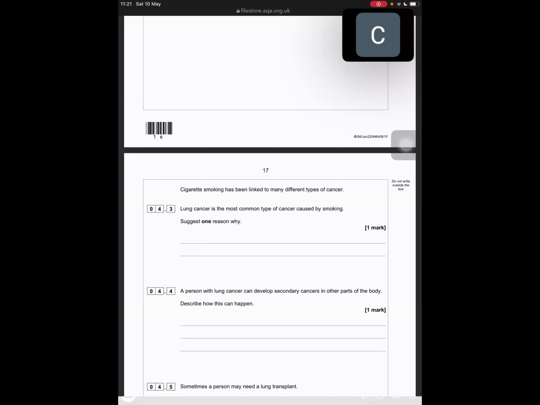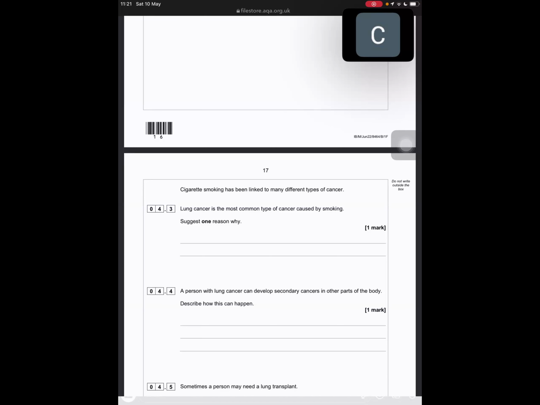So that smoke with all the nicotine, with all the dangerous chemicals, the first point of contact with the body, apart from the mouth, of course, and the nose space when it's coming out, is the lungs. So it's obvious why those are the cells that would most likely be affected.